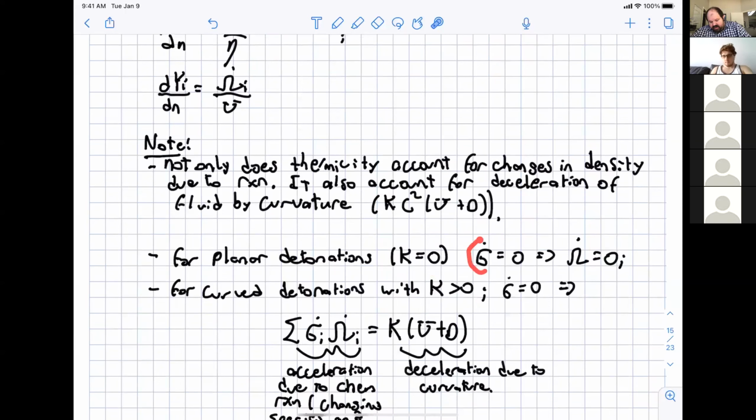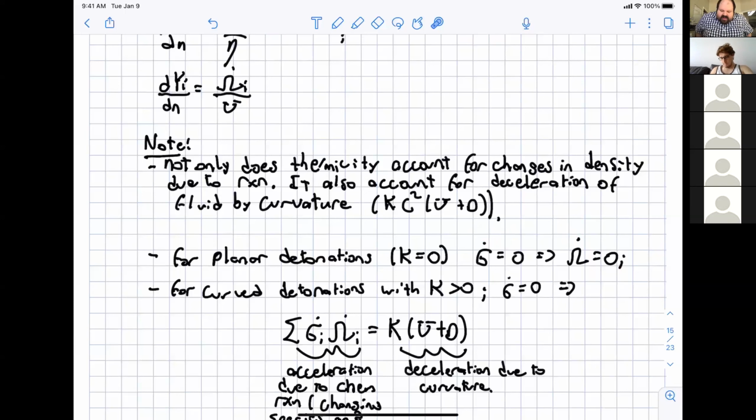If we demand that sigma dot is equal to 0, that means the rate of chemical reaction must be 0, right? That's what gave the Chapman-Jouguet detonation condition: sigma dot was 0 when eta was 0, and sigma dot being 0 required that the rate of chemical reaction is 0, which means you are physically at chemical equilibrium.